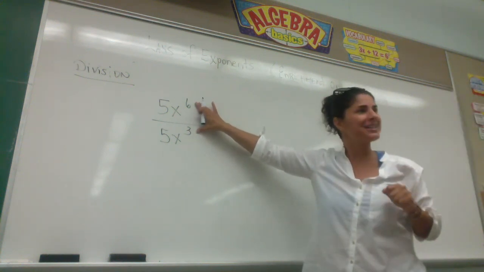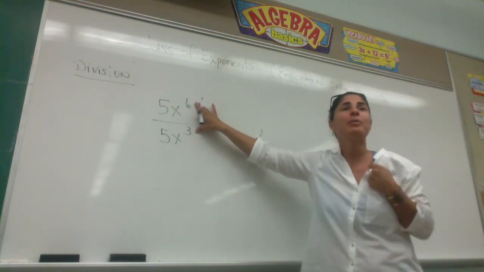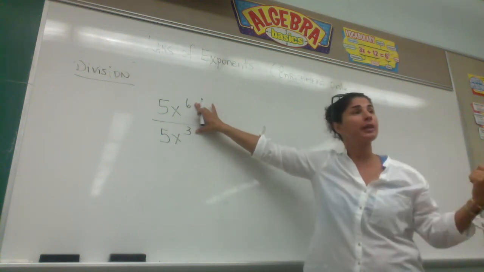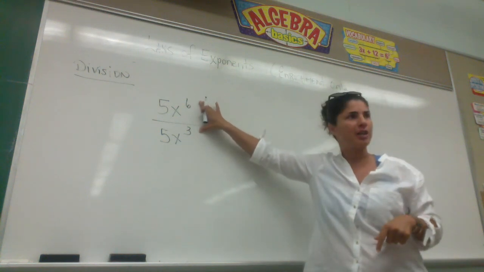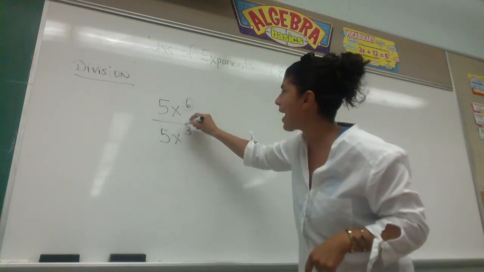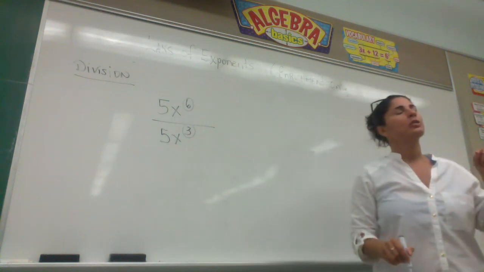I would subtract 2. Very good. That would have been my guess. So with the multiplication, I added, and with the division, I'm going to subtract my 2 exponents.